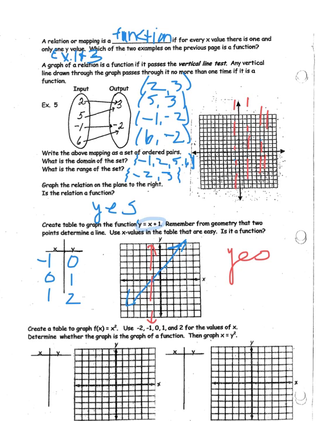Below here are the last two examples. Create a table to graph f of x equals x squared. We're going to use the x values -2, -1, 0, 1, and 2. We'll substitute those in. That will give us 4, 1, 0, 1, and 4. Remember, we're squaring a negative.